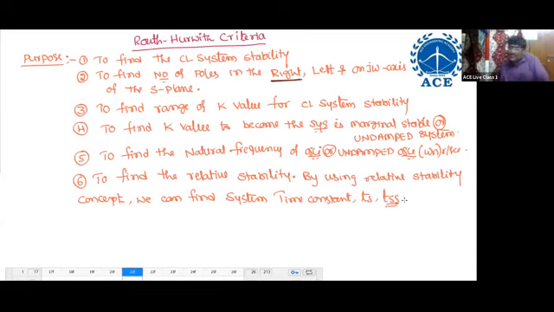All these 6 factors we can find by using the RH criteria.